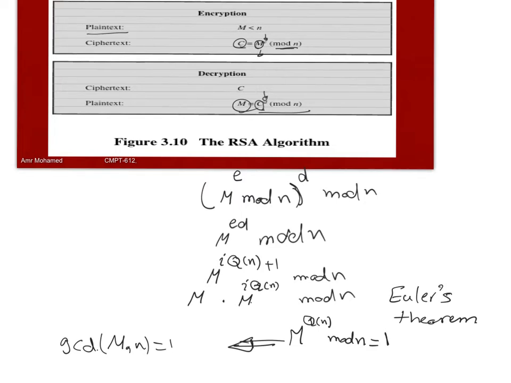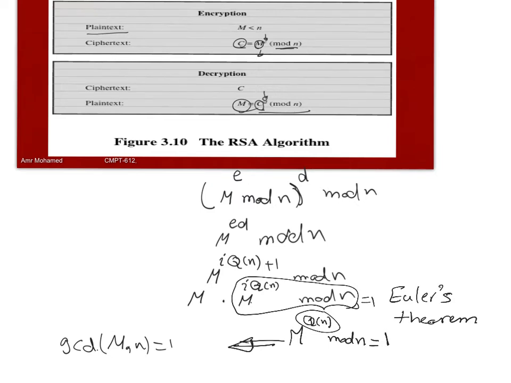So if m and n are relatively prime, then m to the power of the totient of n mod n is 1. That makes this part easily 1, because the i can get outside the mod, and 1 to the power i is 1.